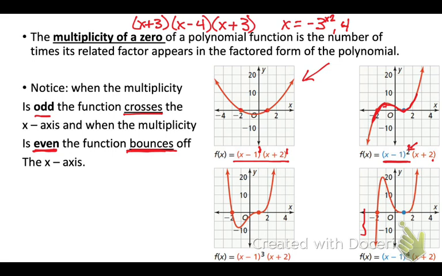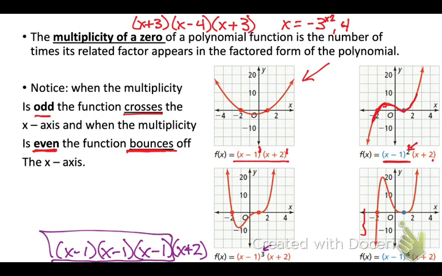So down here, I have x minus 3 to what power? The third. So that's an odd multiplicity, right? So that would factor out to x minus 1, x minus 1, x minus 1, x plus 2, wouldn't it? If we factored it, that's what we'd get. So you see x minus 1 how many times? 3.